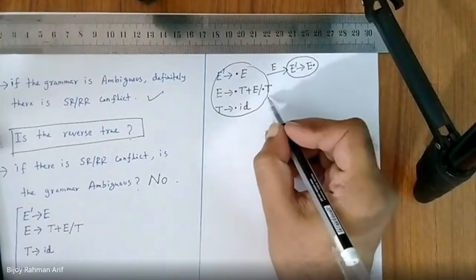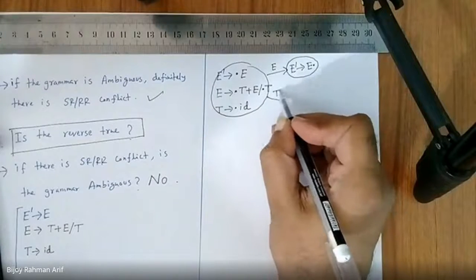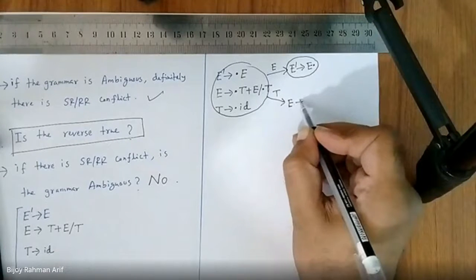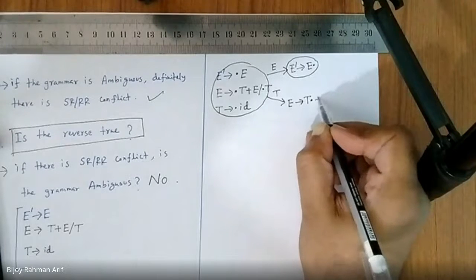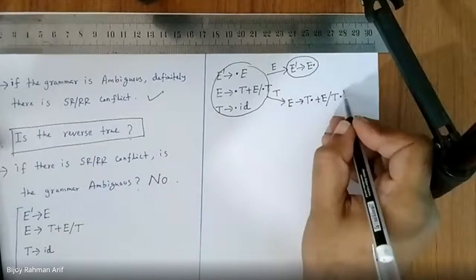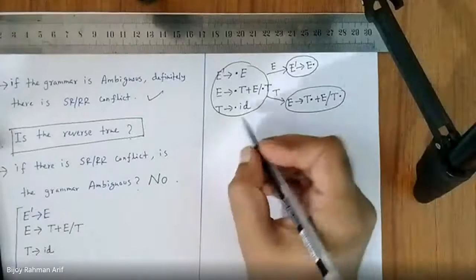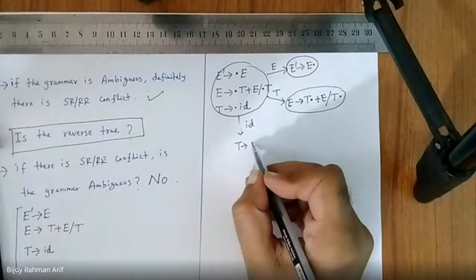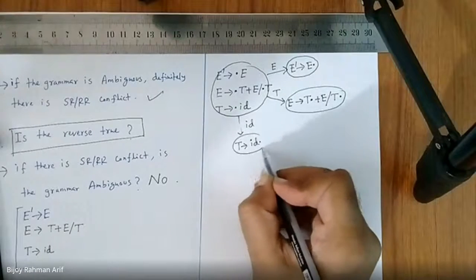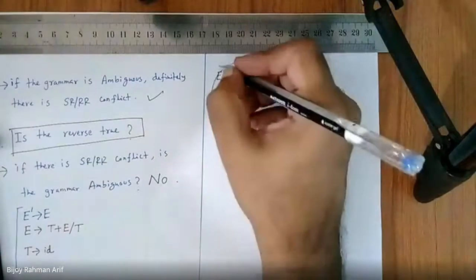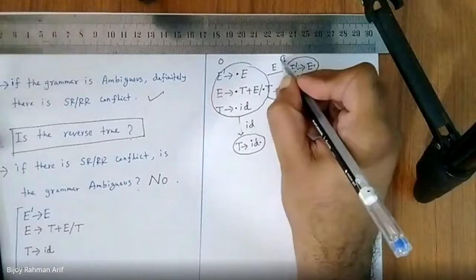Moving on T, what do you get? T derives T plus E, or T dot. You have to stop over here. And on ID, what do you get? T derives ID dot. Now let's number these 0, 1, 2.